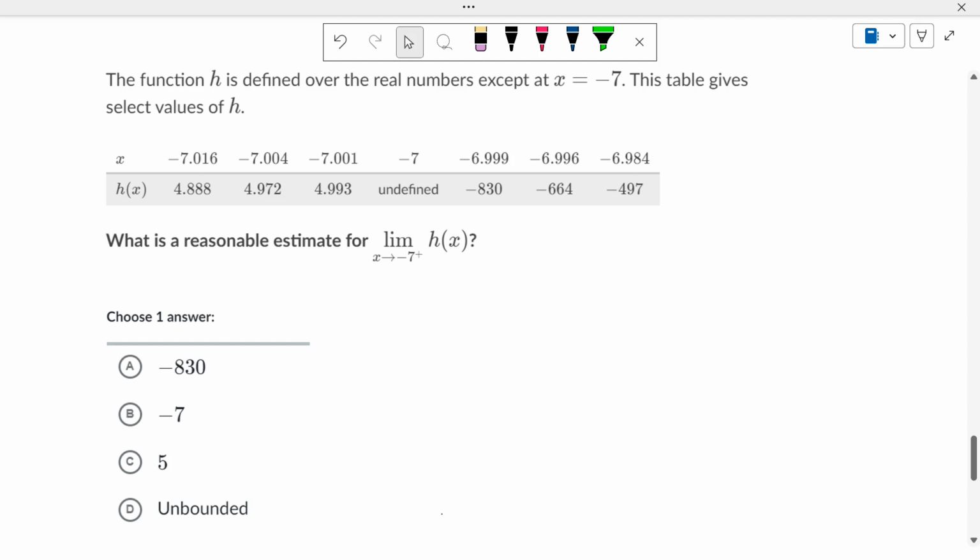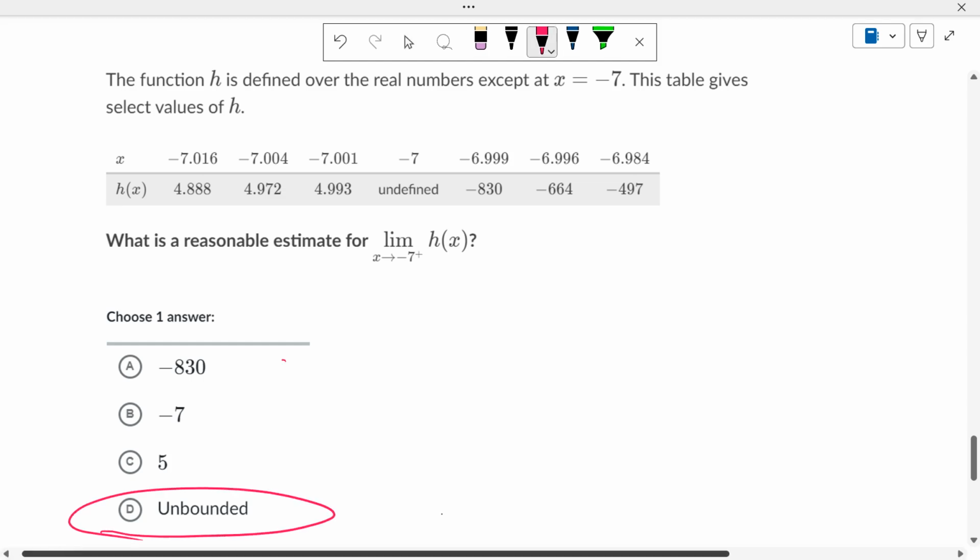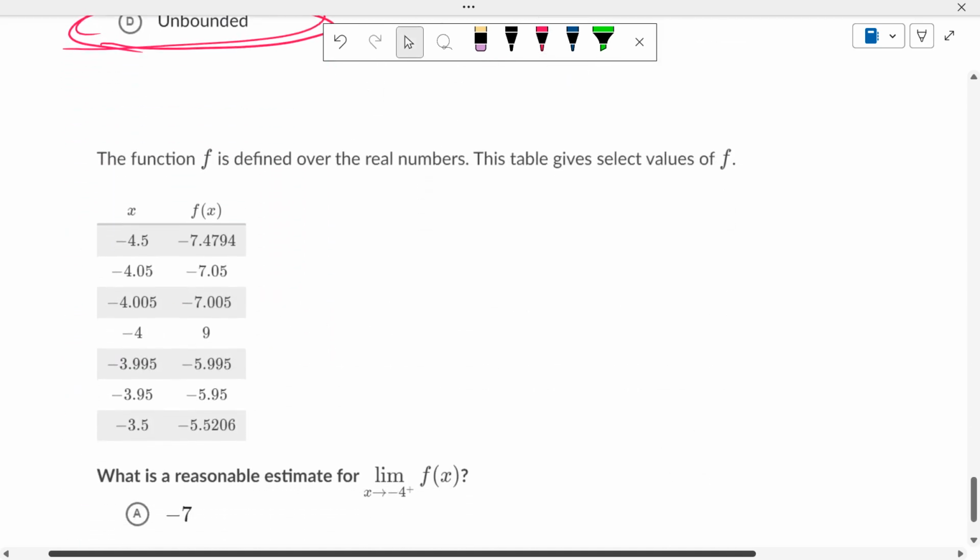I would say it's unbounded. Now you might say, well, it goes towards -830 because it's really close to that. But look, in just 3 thousandths, it goes from -664 to -830. So it's moving a lot. So unbounded would actually be the better answer. Okay?